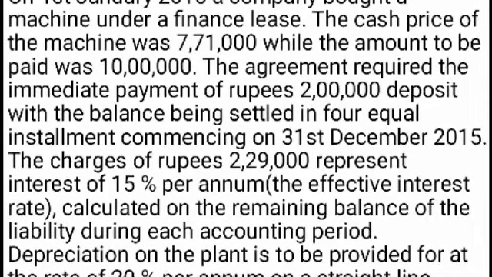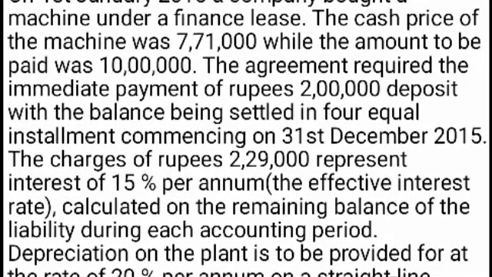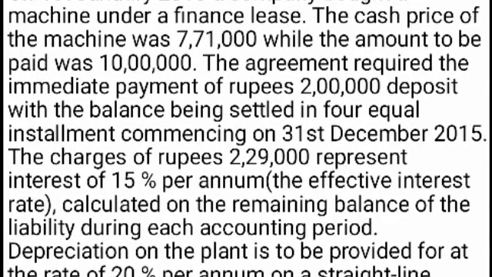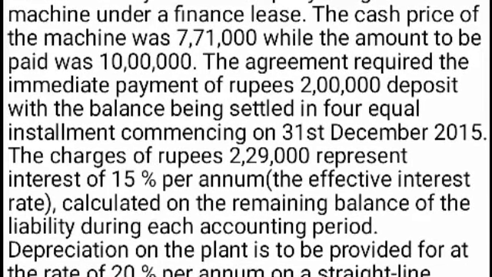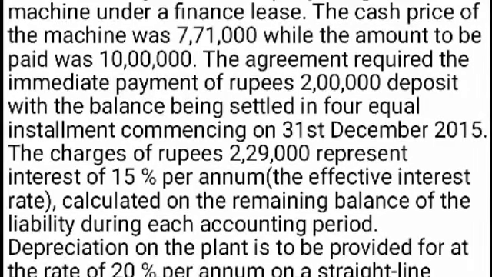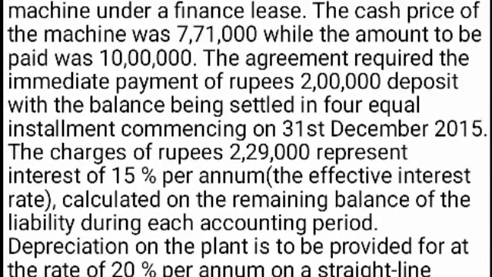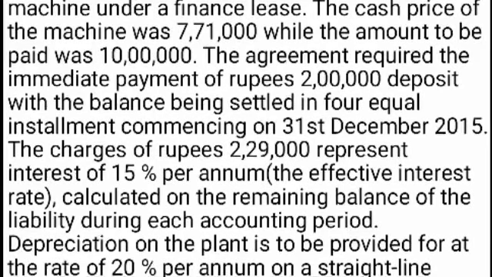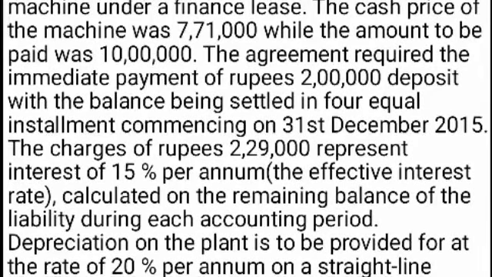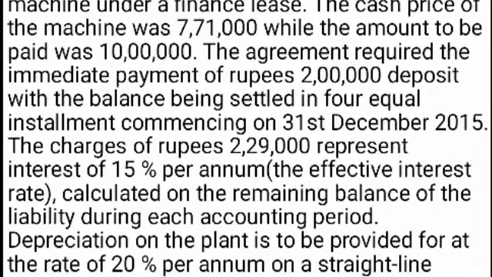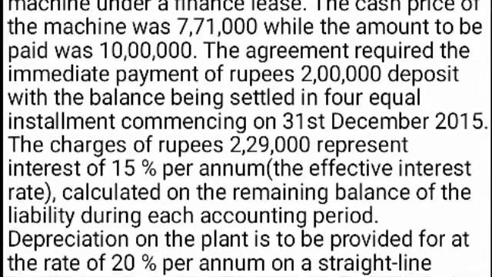There's a hike in the price because it includes interest also. The agreement required the immediate payment of rupees 2 lakh, which means an initial amount of 2 lakh will be deposited on the asset, with the balance being settled in 4 equal installments commencing on 31st December 2015.